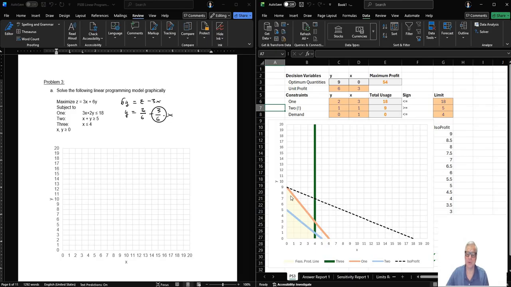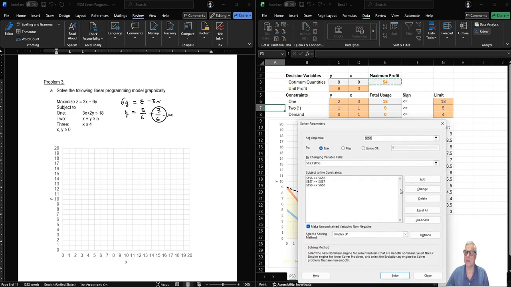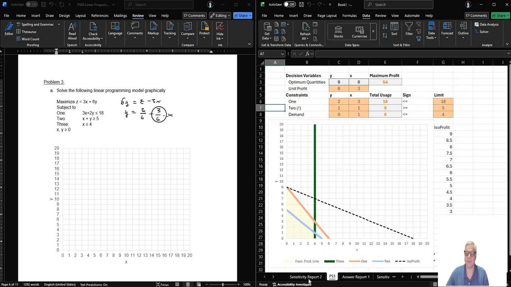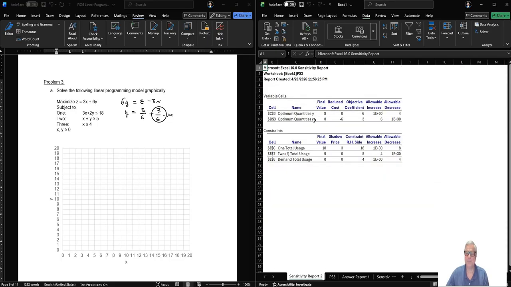And if we wanted to, we will now see in the limits report, I mean in the sensitivity report, if I just pull that up. So now we have sensitivity report 2. You see we don't produce any X, and the reduced cost would tell us if we could increase the unit profit by 6, or reduce the cost of 6, then we will have a new solution.